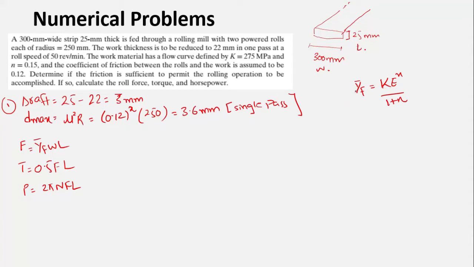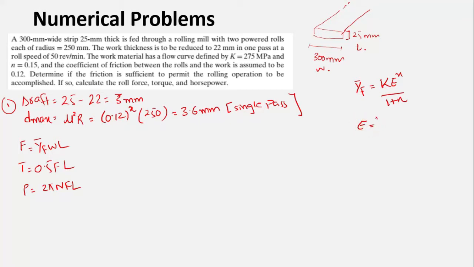Now this is the formula for the average flow stress. As you know the work part is being deformed gradually, so we are using the formula for the average flow stress. In the case of rolling, we have K as the flow curve or strength constant, and the strain hardening coefficient, that is 0.15, and the only thing left is the true strain we need to determine.